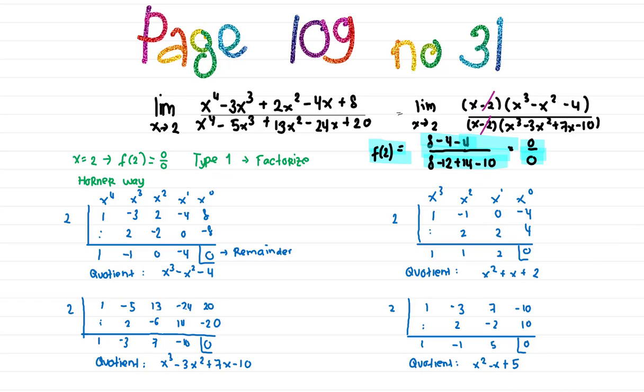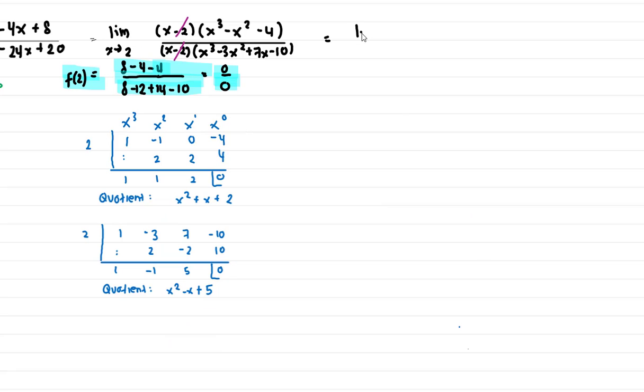Okay, so now let's do the limit one more time. So the limit of the factor now becomes x minus 2, and then the quotient after the division of x cubed minus x squared minus 4 by x minus 2 will be x squared plus x plus 2, and it will be divided by x minus 2 with another quotient x squared minus x plus 5. So you can see it here.